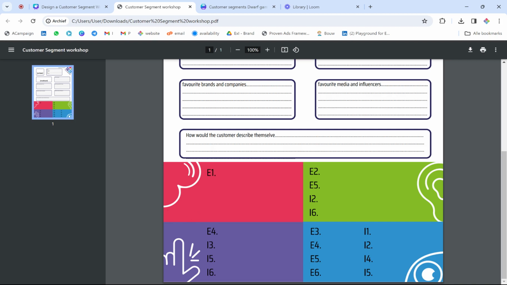So these are the questions which are directly related with the customer segment in the playground for entrepreneurs. So feel free to use those questions and add to this template, to this note sheet, your comments and your progress on each of these questions.